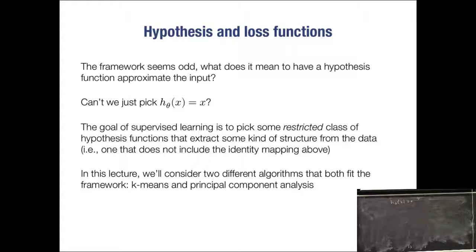And the answer is that we could, but it's not very useful, right? We don't actually learn anything about the data when we do that. And so in particular, what unsupervised learning actually does is it imposes restrictions on this function. So we're going to restrict our allowable class of hypotheses to something which actually does not include the identity mapping.